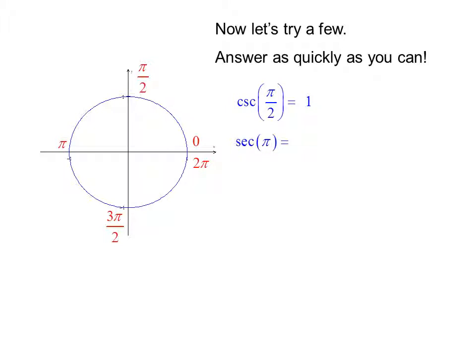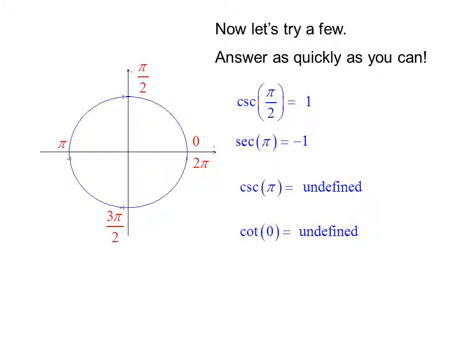Secant of pi. Secant is 1 over cosine. The cosine is -1, so it's going to be -1. Cosecant of pi, 1 over sine. Oh, it's 1 over 0. Undefined. Cotangent of 0.